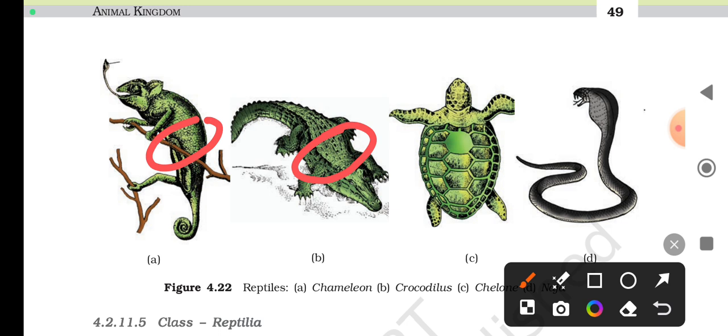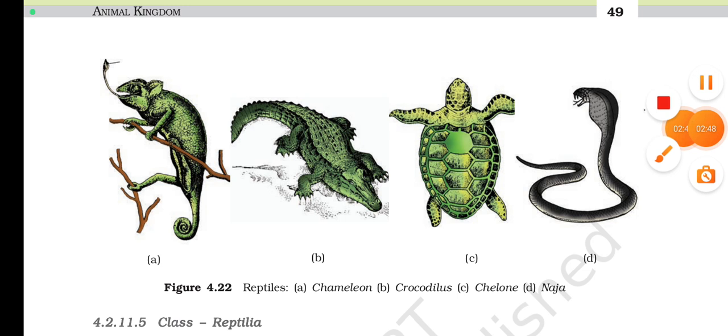So students, it's a very important characteristic. Please listen carefully. These dry or cornified scales don't have the capability of cell division. So if they don't have the capability of cell division, then growth does not occur in the scales. Obviously growth occurs in reptiles.